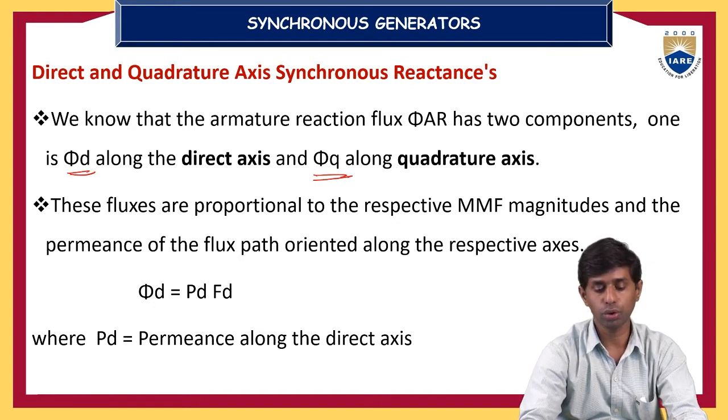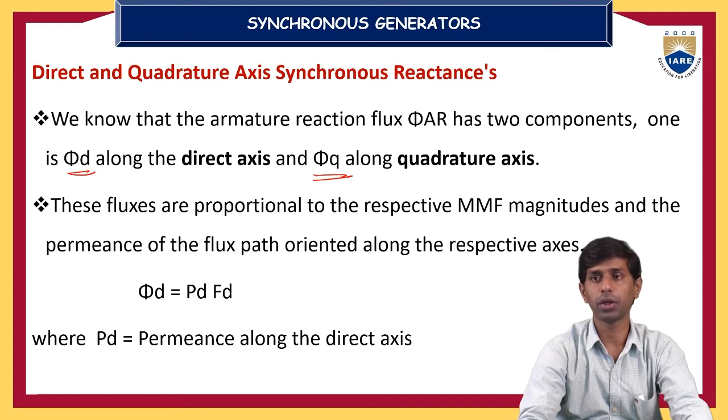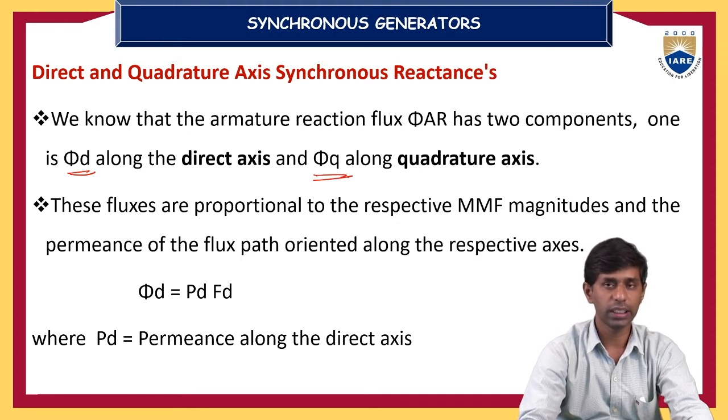These fluxes are proportional to the respective MMF magnitudes and depend on the permeance of the flux path along the respective axis.